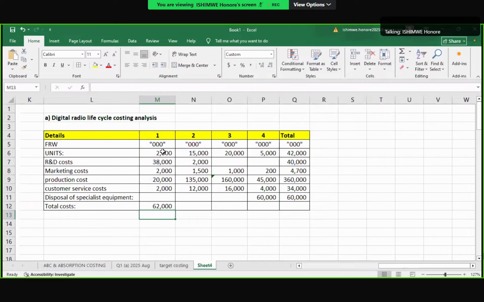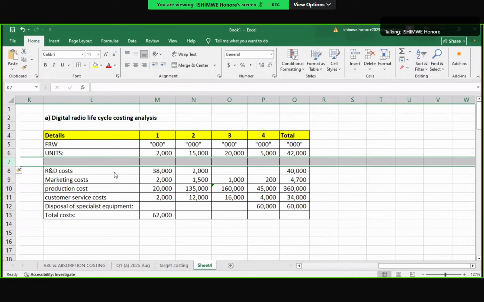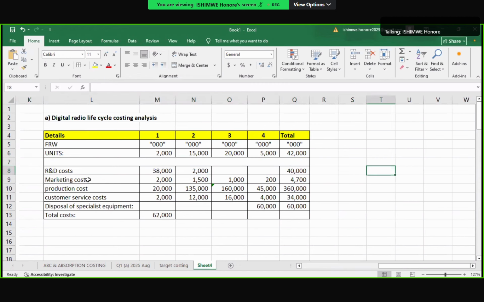Okay, the units are not there. We're talking about only these costs. Okay, and this is 62,000. So I go like this, and I summarize it here. Now we can tell total cost per unit.